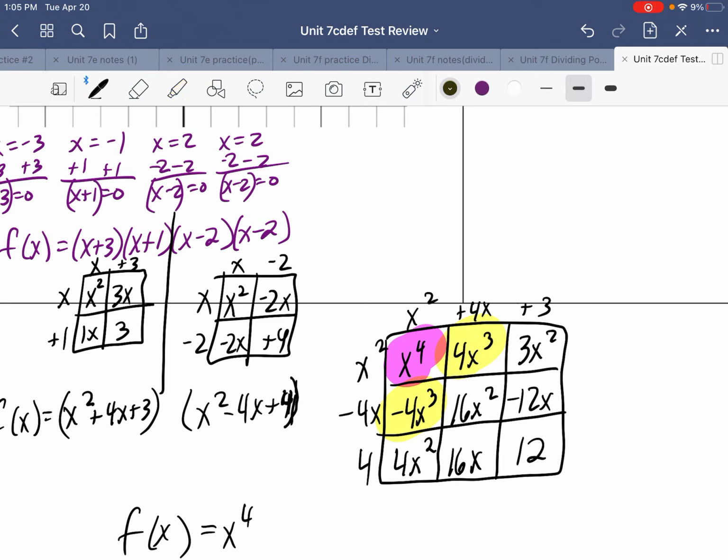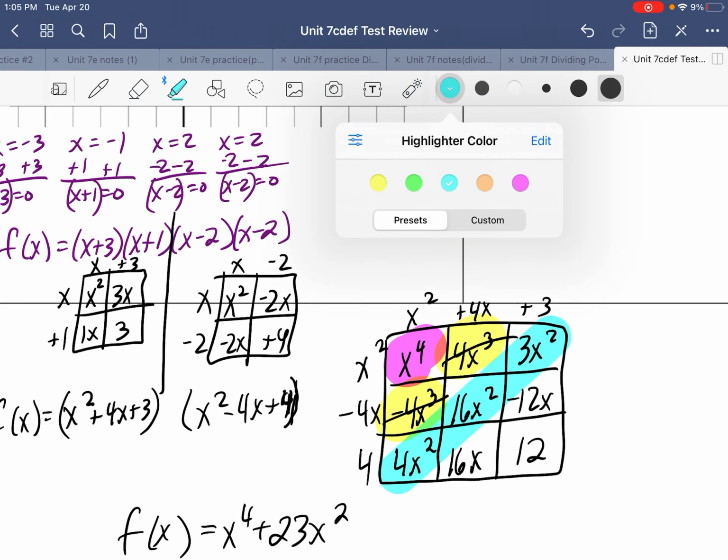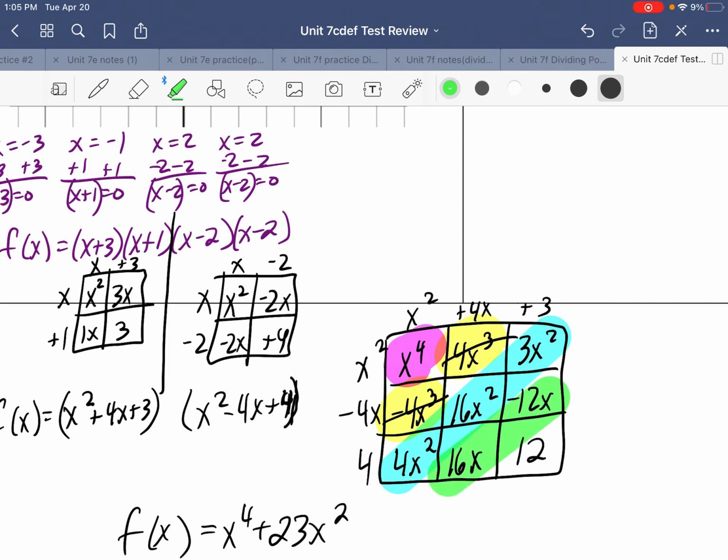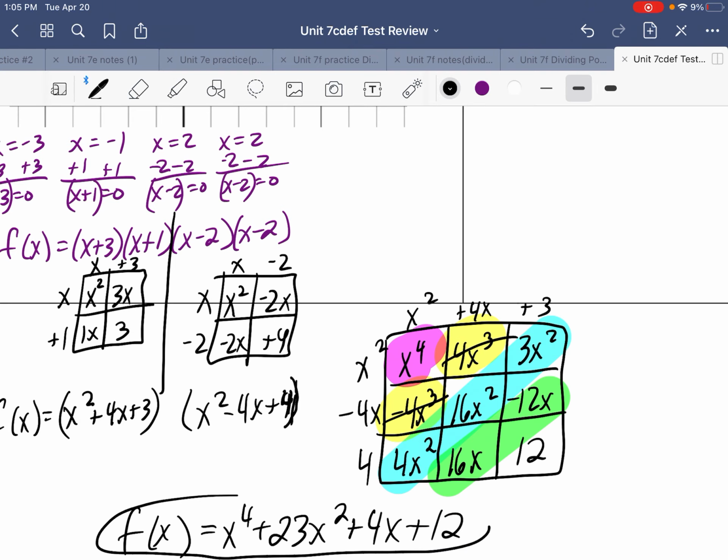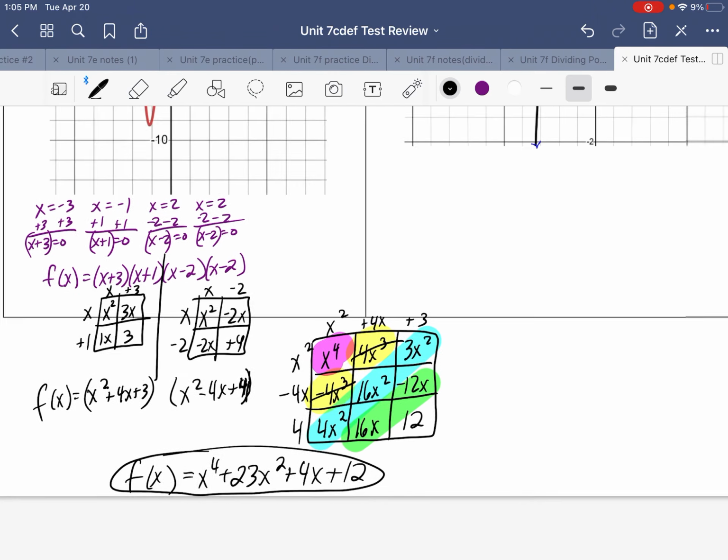We got our two like terms here. They're lined up. Oh, those are opposites. Nice. And another like term, so there's nothing there. 23, those add up to. So plus 23x squared. Looks like we got some more like terms coming up here. That's a 4x. And then 12 at the end. And there is your polynomial that would give you those four: negative 3, negative 1, and a double at 2.